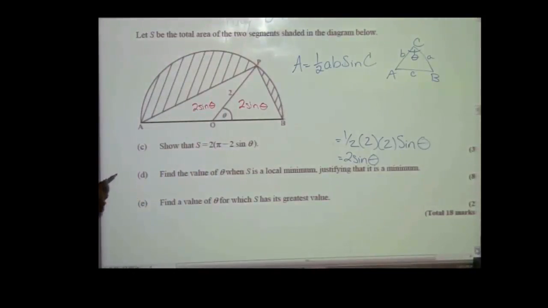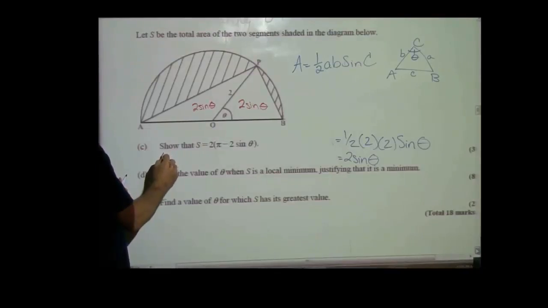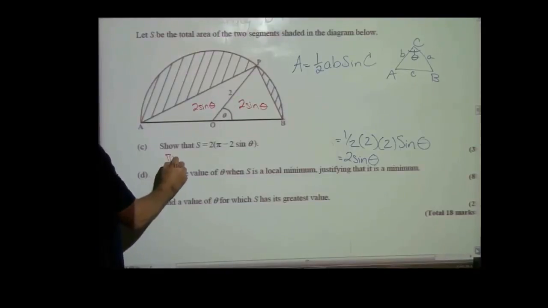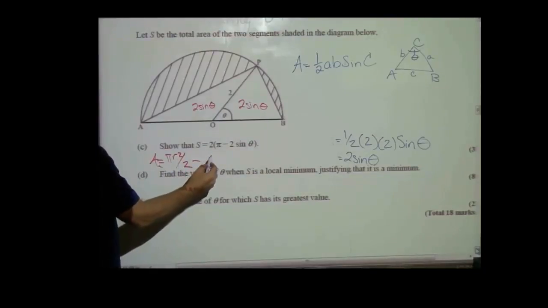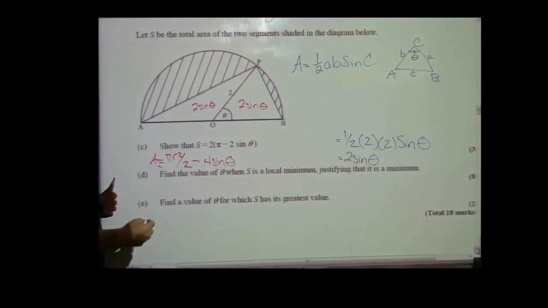So you have to find the area of the semicircle minus twice that. Exactly. The semicircle area is pi r squared divided by 2, minus then our 4 sine of theta.